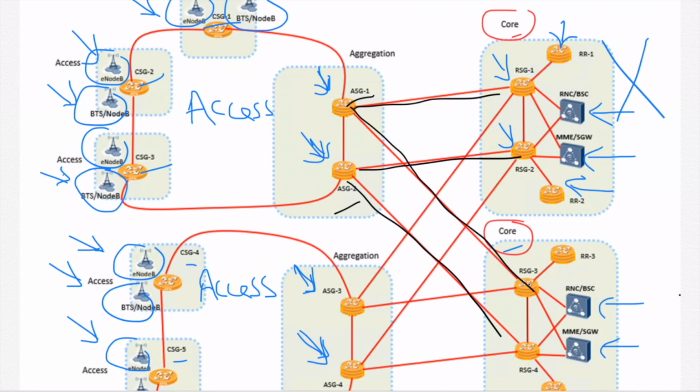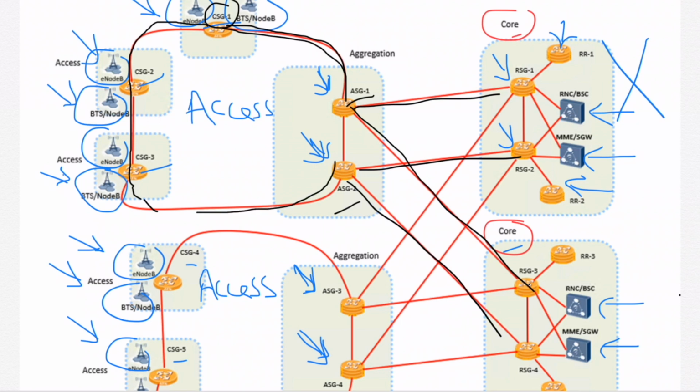We can see that in the access ring each cell site gateway is physically protected. For example, the CSG1 node can connect to the aggregation layer by a direct connection to ASG1, and it can have another protected link to ASG1 passing through CSG2, CSG3, ASG2, and finally ASG1.